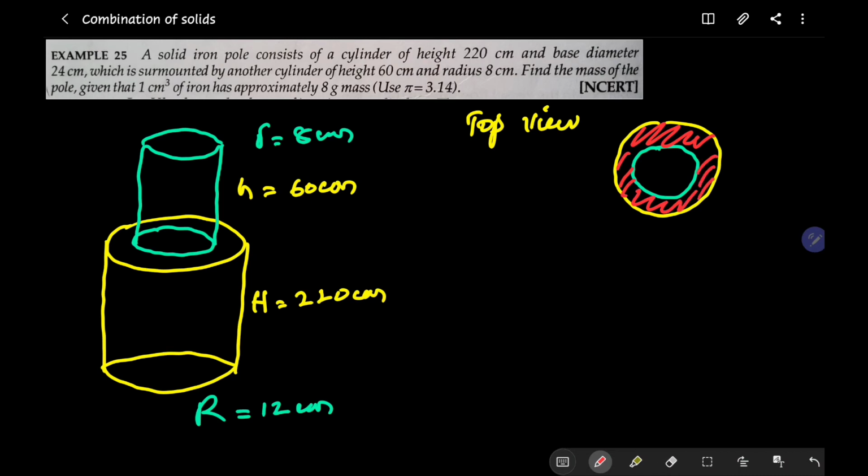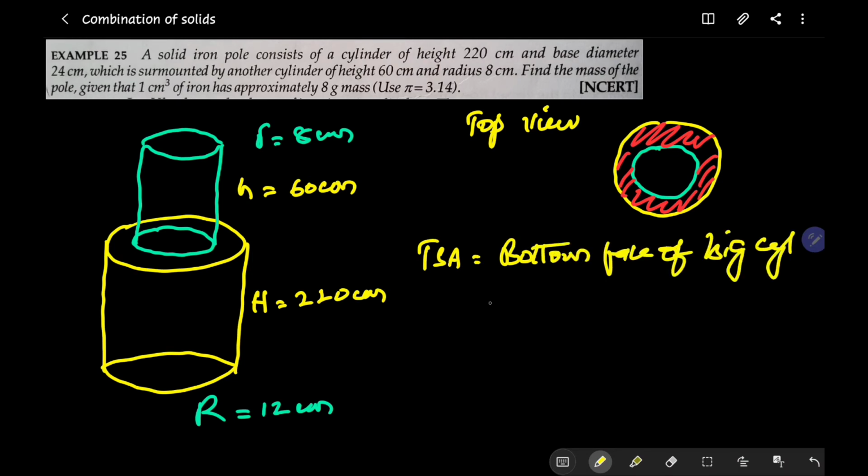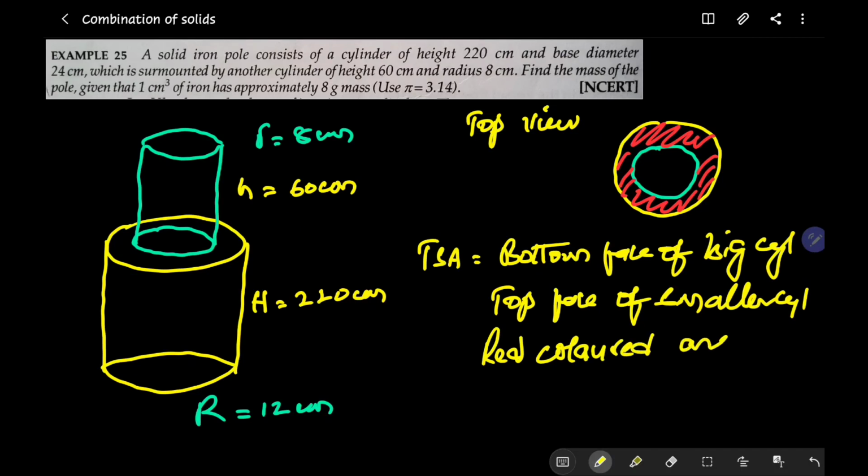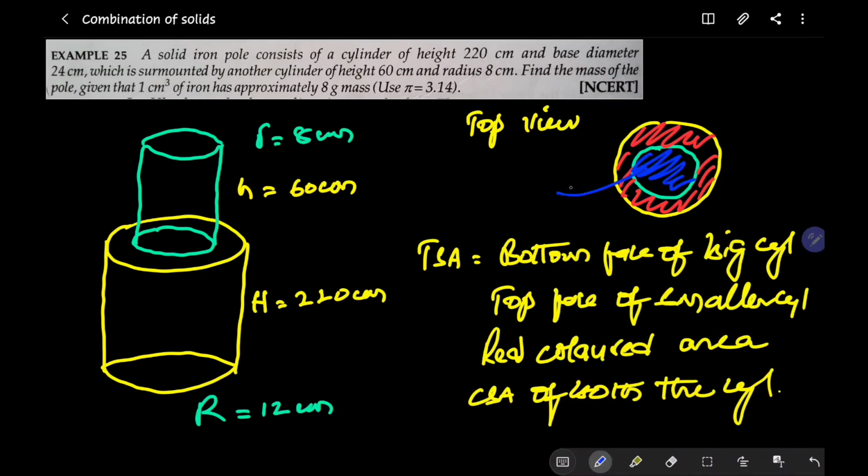That can be easily found out by subtracting the green color circle area from the yellow color circle area. So the total surface area will be the addition of these different areas which are now written on the screen. And for your information, the area which is in blue color will not be visible to us at all because it is being sandwiched between both the cylinders.